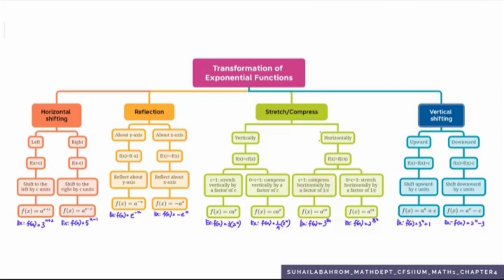And when c is between 0 and 1, for example, here we have 1/3, the transformation technique is stretched horizontally by a factor of 1/c. So 1 divided by 1/3, you will get a bigger number, which is 3. That's why the transformation technique is stretched horizontally by a factor of 1/c.